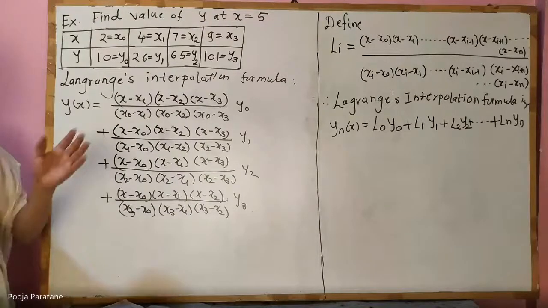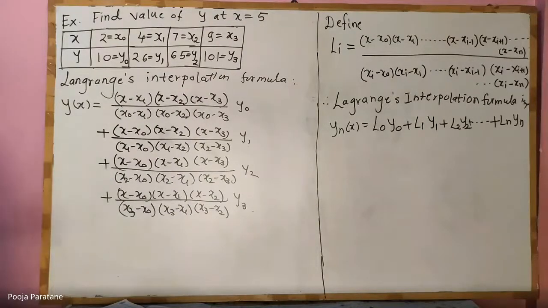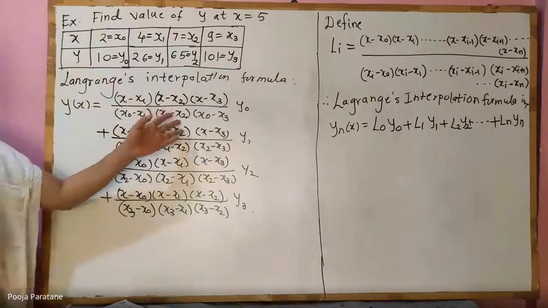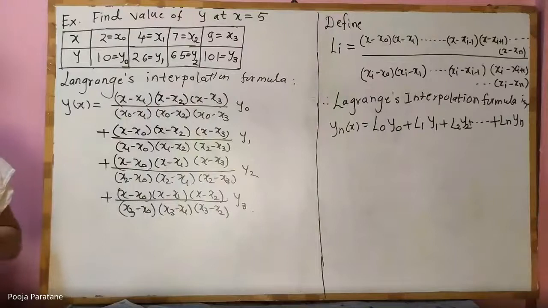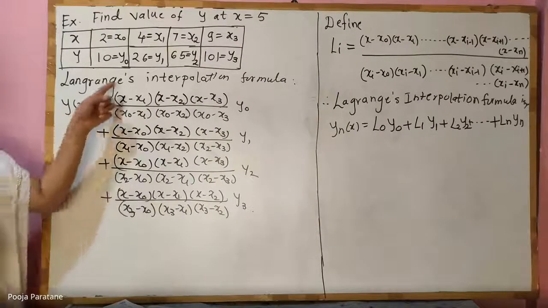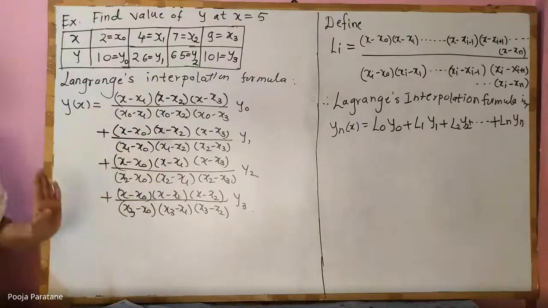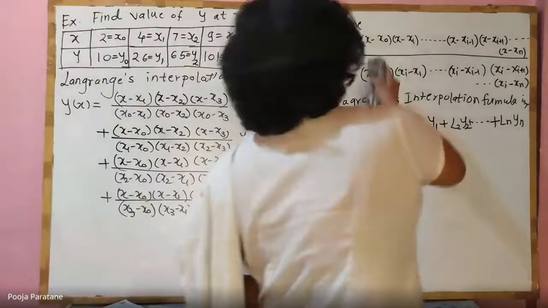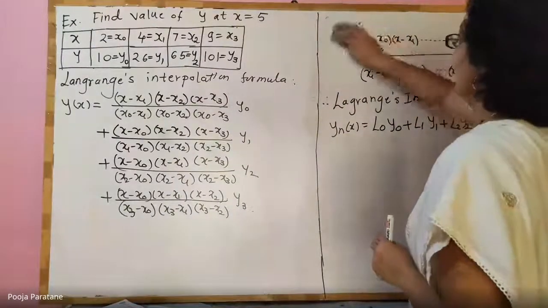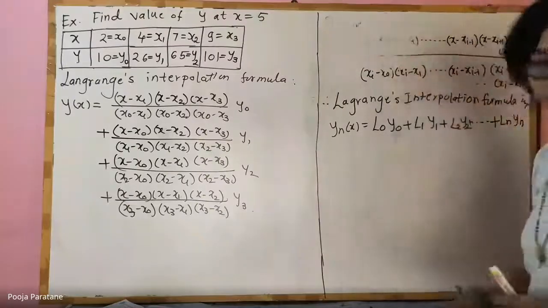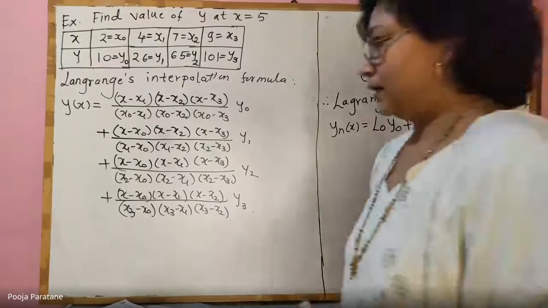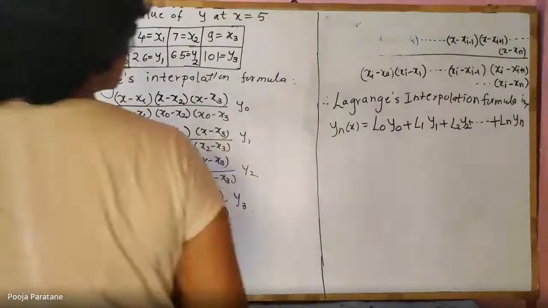Generally, the most common mistake done by you is the sign conventions, because here some are negative values, here some are positive values. So according to that, you have to check the sign. So a better way is to consider each term separately, find it first and then substitute in the formula. So let us do as per that. Now we have each value here, the values of x0, x1, x2, as well as the corresponding y's.